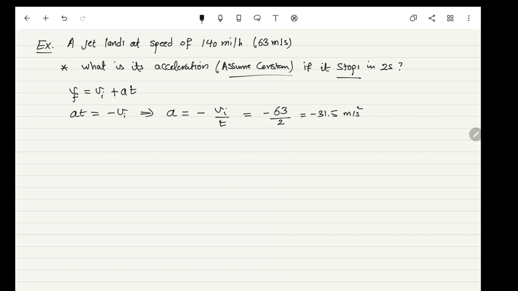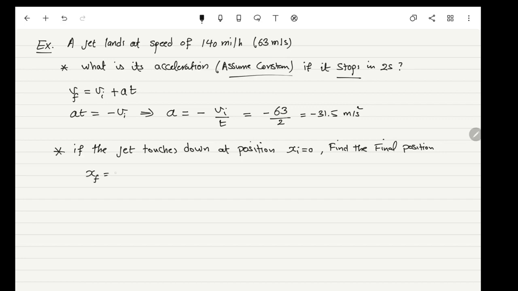If the jet touches down at position x initial equal to 0, find the final position. So to find the final position, x final equals x initial plus half times (v final plus v initial) times t.